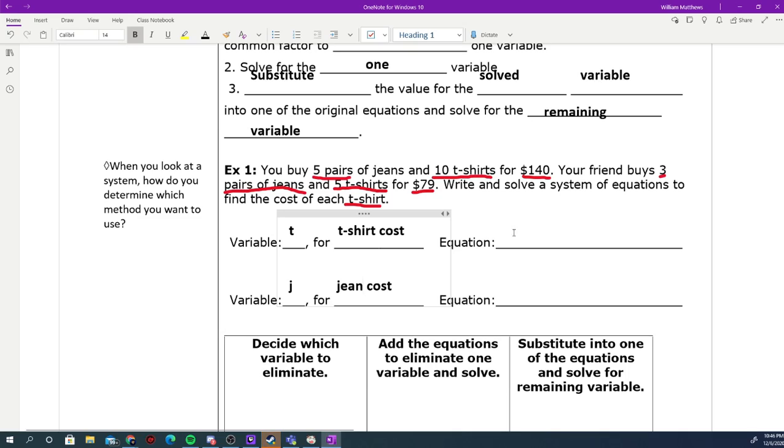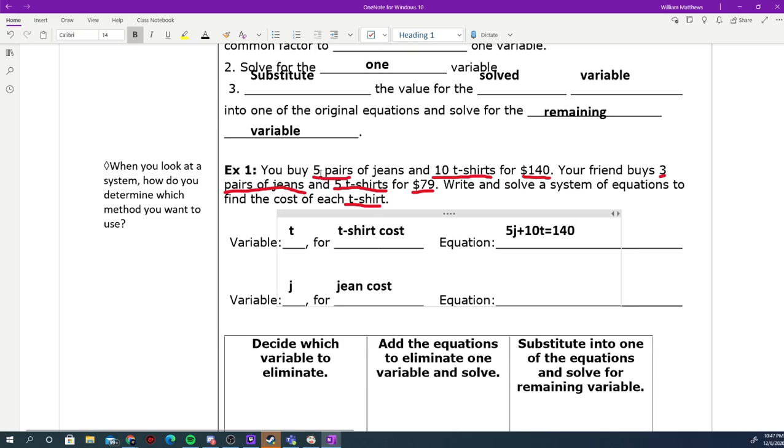Now our equations, if we look at what you buy, it says that you bought 5 pairs of jeans and 10 t-shirts for $140.